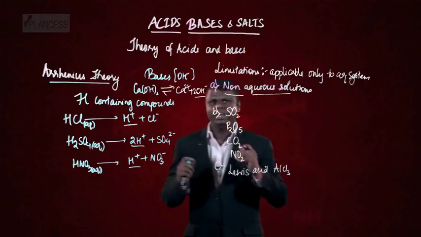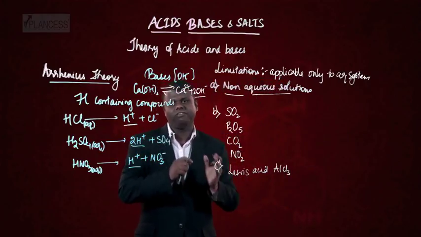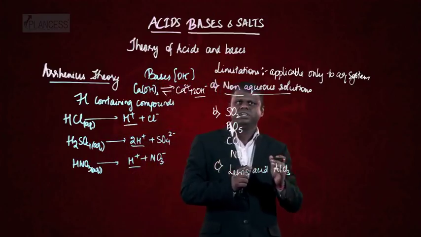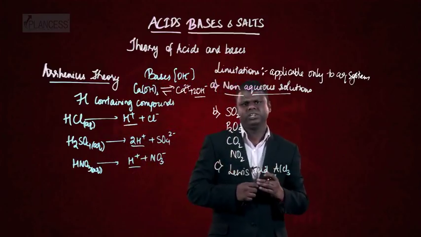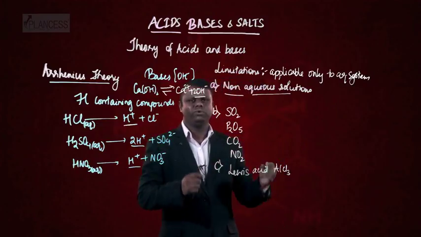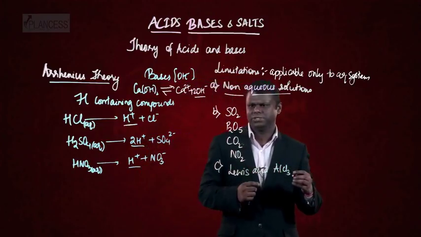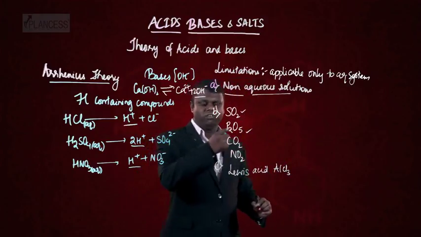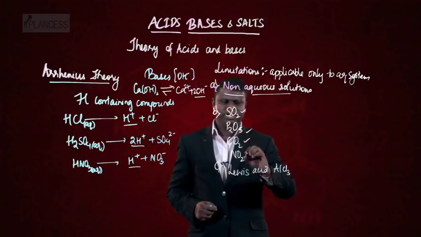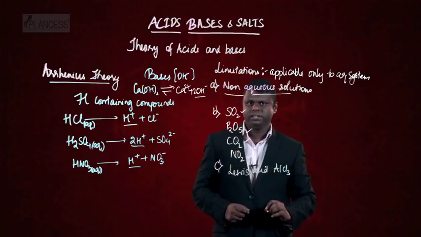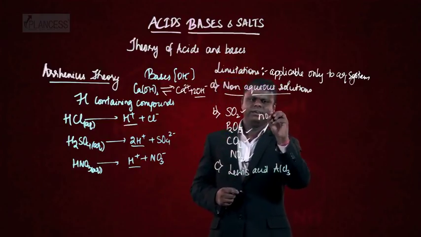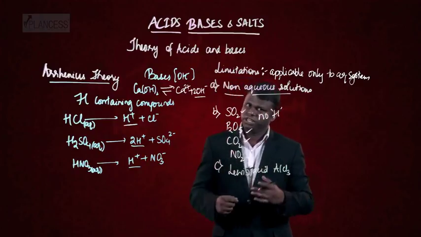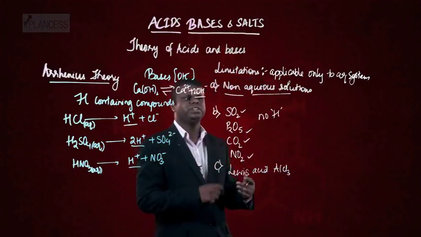So it didn't give any idea for the definition of acid or a base, whether it would remain the same or whether it would change when the corresponding acid or a base is dissolved in a non-aqueous solution. Now have a look at these oxides: sulfur dioxide, phosphorus pentoxide, carbon dioxide and nitrogen dioxide. They don't contain hydrogen in their molecule, but still their aqueous solution behaves like an acid.